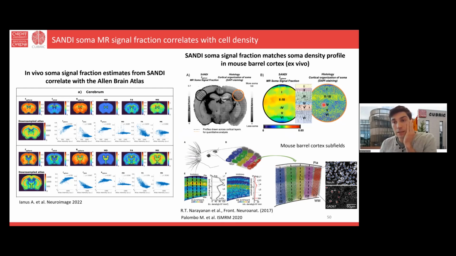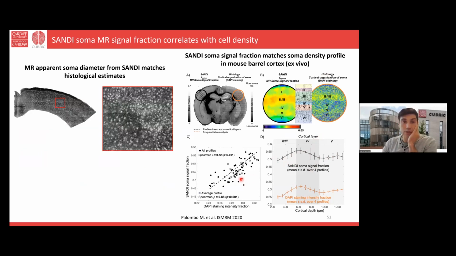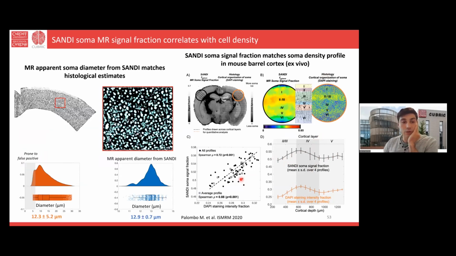We have done Sandy and histology on it, and we have estimated the profile across the laminar structure with Sandy and with histology, and we found a very strong correlation, as well as a good correlation between the estimated values of the cell body diameter from Sandy and the ones estimated with histology. This is still work in progress. It was an ISMRM abstract.